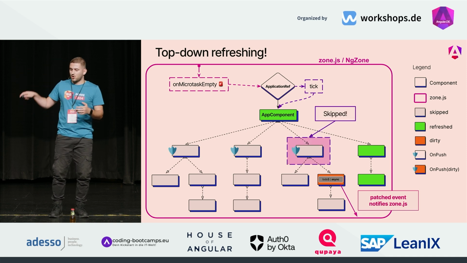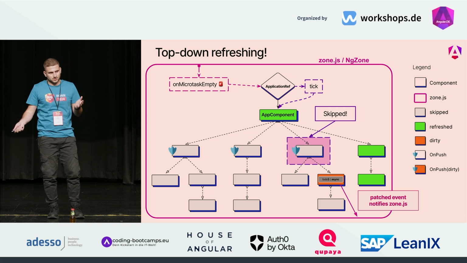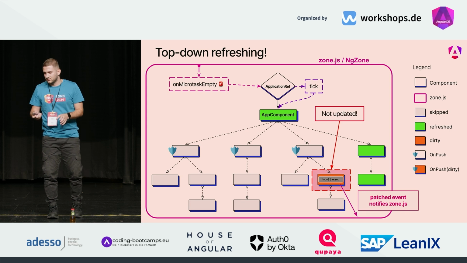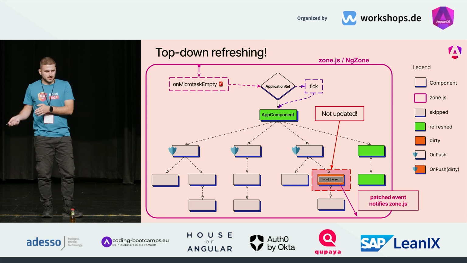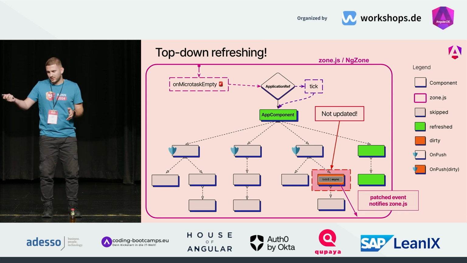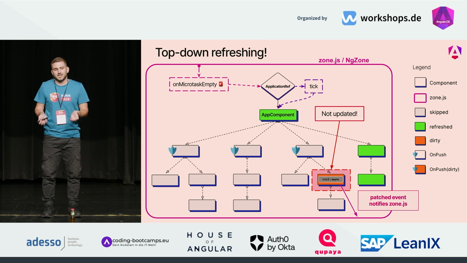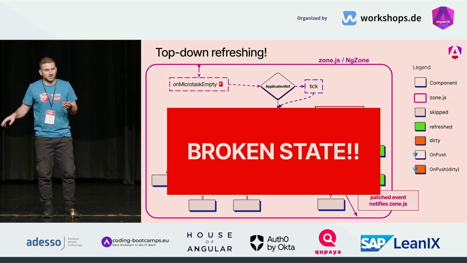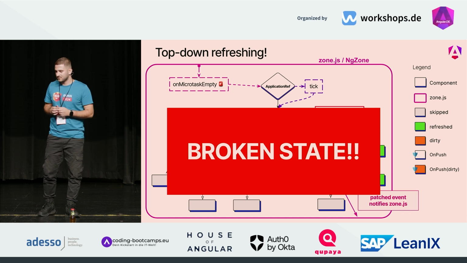Then we go to this OnPush component, but it's not dirty. So our rules say an OnPush component which is not dirty, we skip it. And what happens is that this component was skipped because the main branch itself was skipped. So it's not updated. And of course, that brings you to a broken state. That's why we need to mark all the ancestors as dirty.